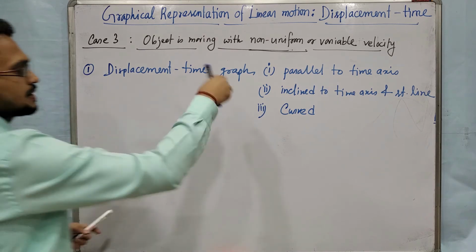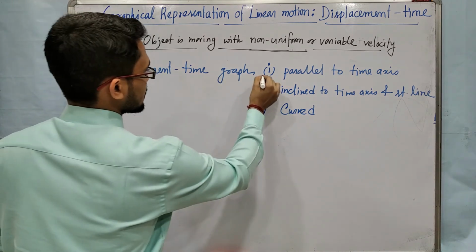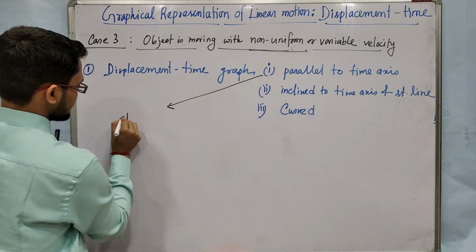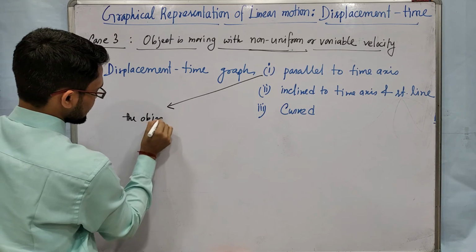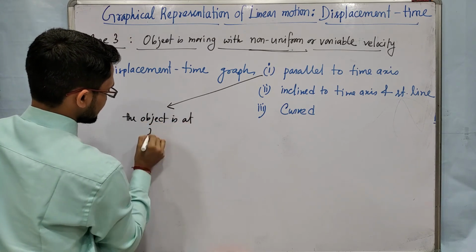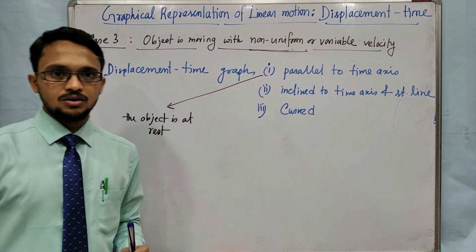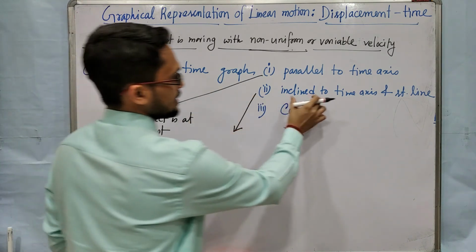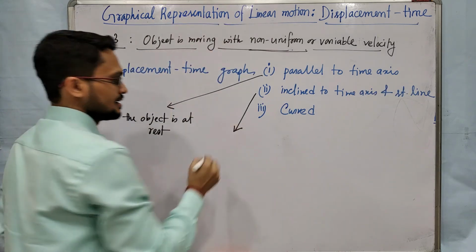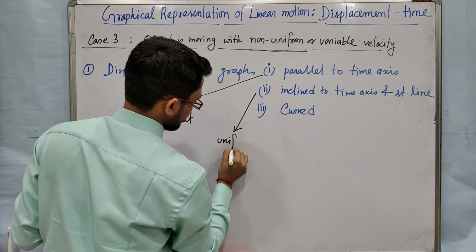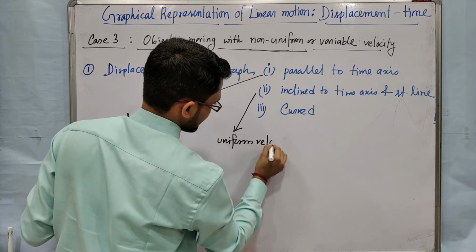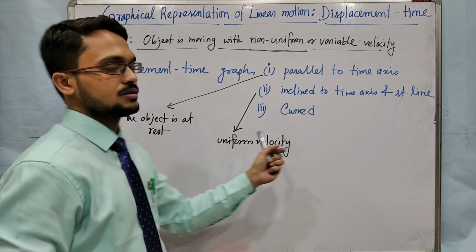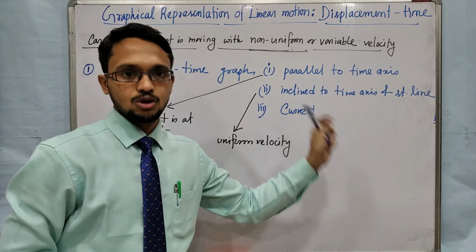From the first type, what can we know? We can find that the object is at rest. From the second type, inclined to the time axis and a straight line, it represents uniform velocity, and velocity can easily be found by finding the slope.